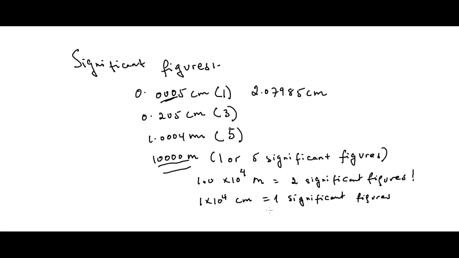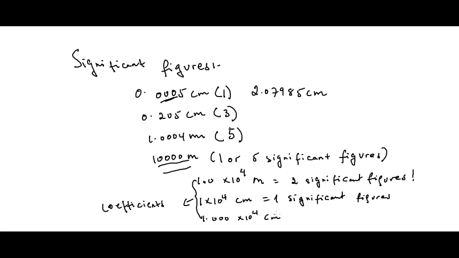So it depends on how many significant figures you would like to have. Let's say you put 1.000 times 10 to the power of 4 centimeter. By the way, these numbers here are called coefficients, and the coefficients are part of measurement.